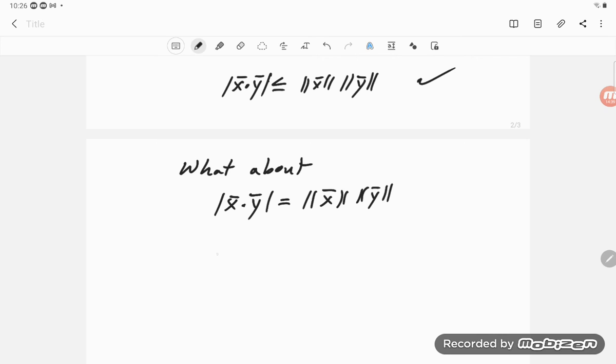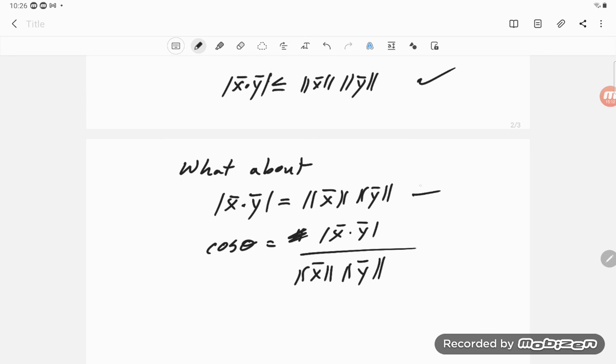So another way to look at this, now they're doing it slightly differently, but what we have is, remember that we said, oh, cosine theta was equal to x dot y over the norm of x, norm of y.